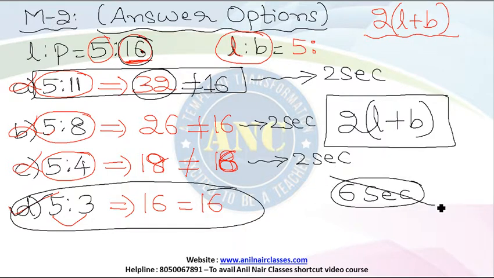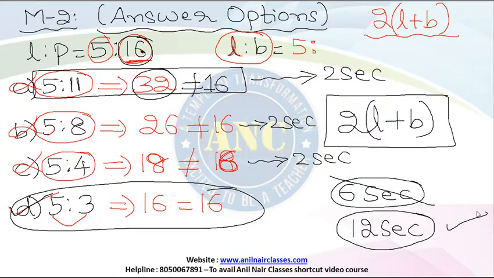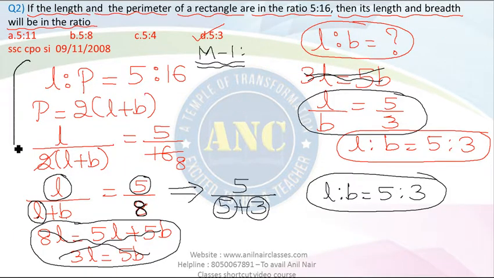Forget about 6 seconds, sir. Sir, I could not do the first option in 2 seconds. Assume that you took 4 seconds itself. Even if you take 4 seconds to say that the first option is wrong, 4 seconds to say the second option is wrong, another 4 seconds to say the third option is wrong, you might have ended this problem in 12 to 15 seconds, which is much better compared to solving by this method, wasting at least 45 to 50 seconds.